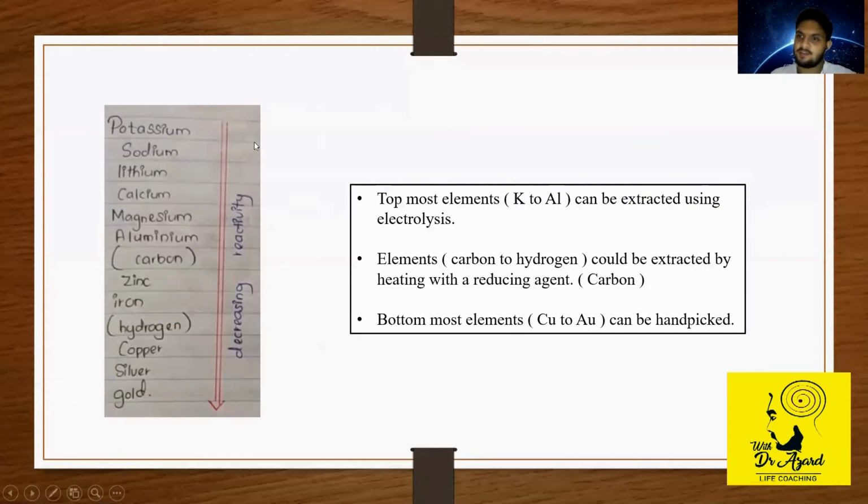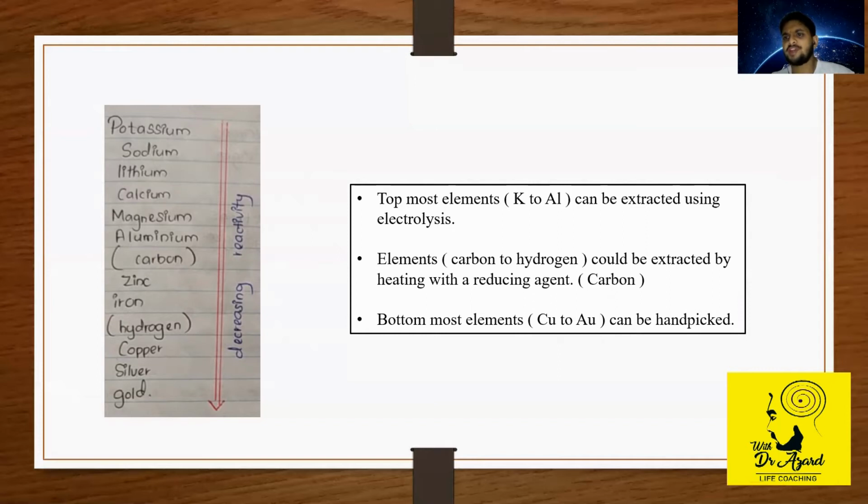So this is the reactivity series. The elements are in decreasing order of reactivity: the one on top is the most reactive, and the one at the bottom is the least reactive.